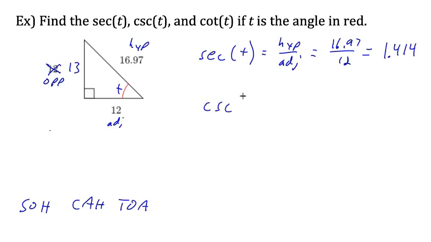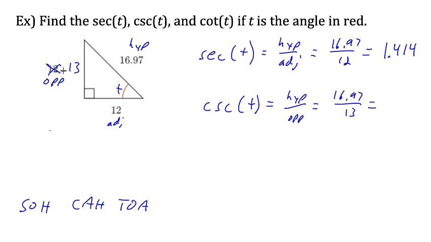Now the cosecant of angle t, let's see, cosecant will be the reciprocal of sine. So we want hypotenuse over opposite. So that will be 16.97 over 13.